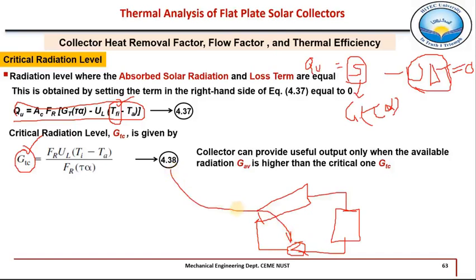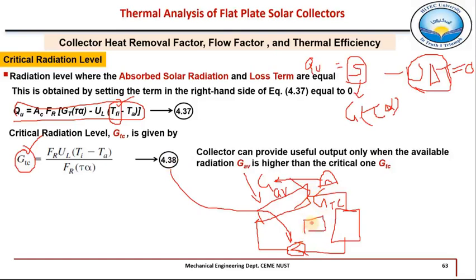Whenever the available solar radiation, G available, which we can measure with the help of a pyranometer. So, for example, here is a pyranometer which is measuring this available radiation. Whenever G available is greater than G critical, which is given by equation 4.38, only then this pump should be switched on.